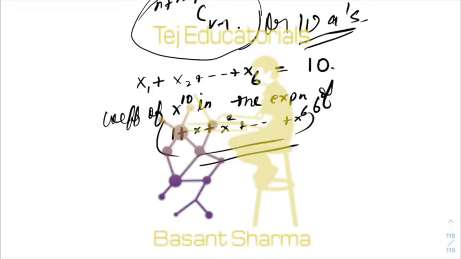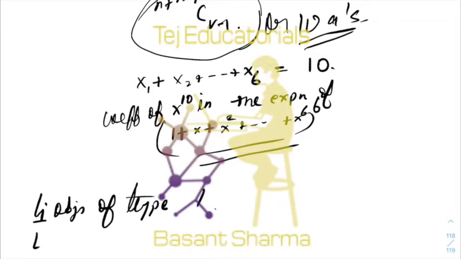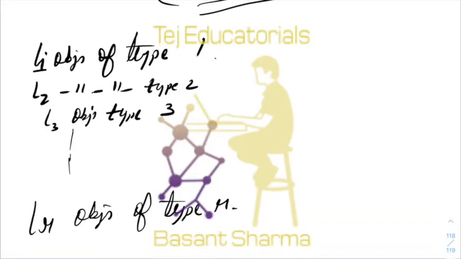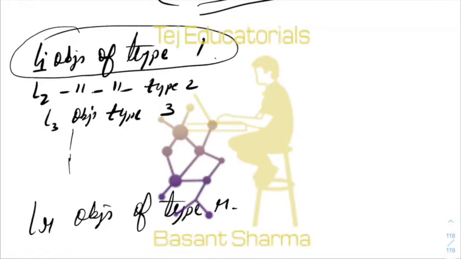Now suppose I have L1 objects of type 1, L2 objects of type 2, L3 objects of type 3, and so on till LR objects of type R. L1 objects are all identical and they are of type 1, and so on till LR.